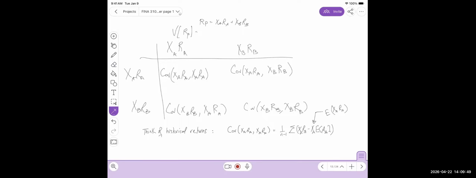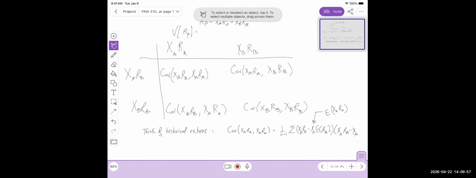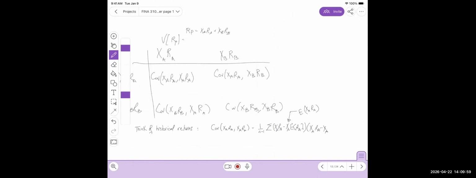And the same thing is going to happen for the other one. All right. How can I simplify this to make this look like something that we know?